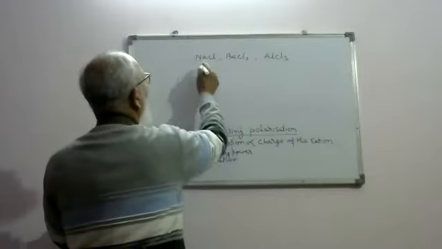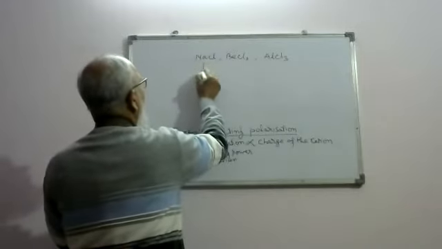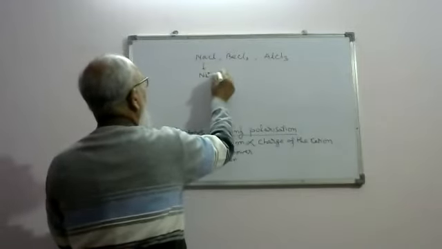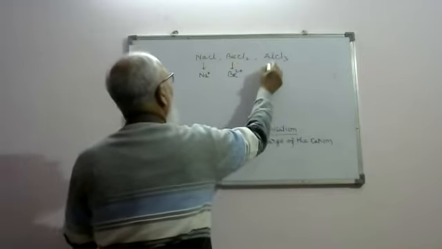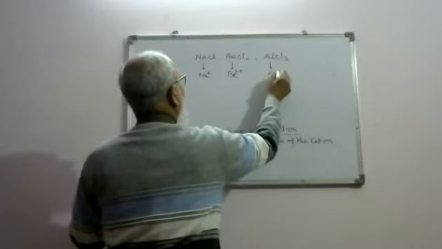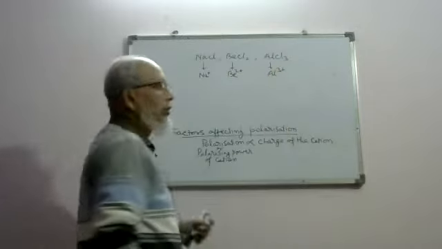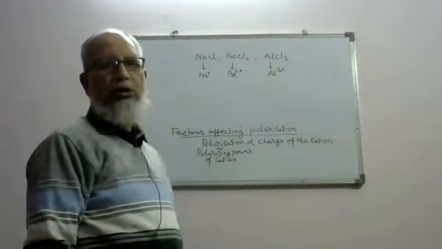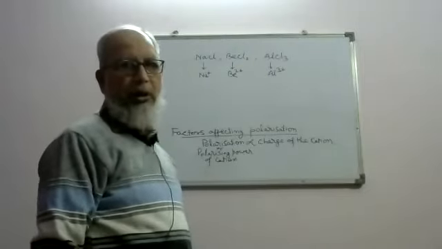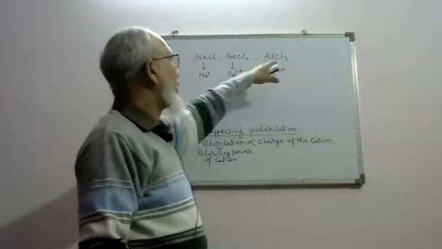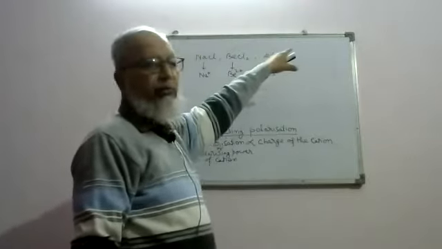So this sodium has one positive charge, here beryllium has two positive charges, and here aluminum has three positive charges. So the maximum polarizing power will be in the aluminum ion, and therefore the covalent character in aluminum chloride will be maximum.